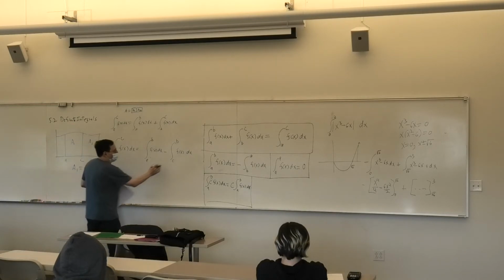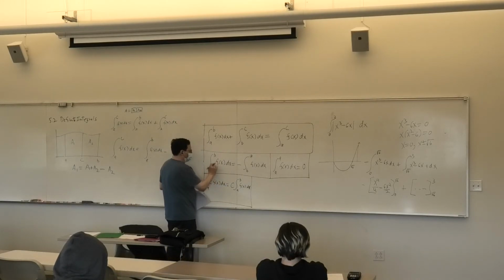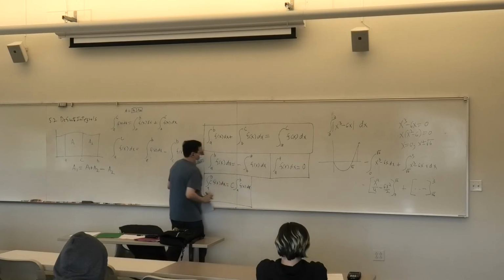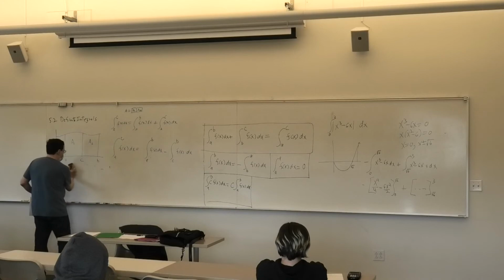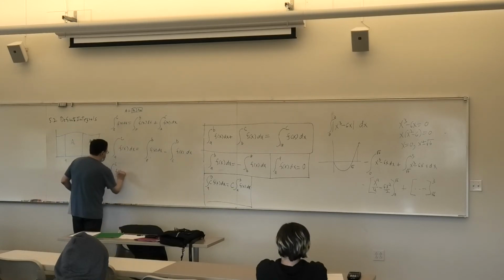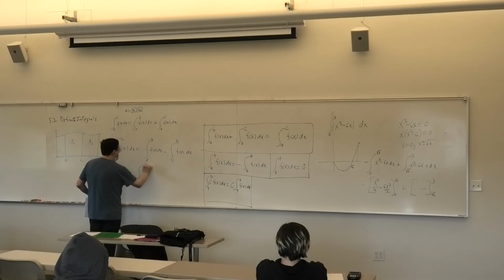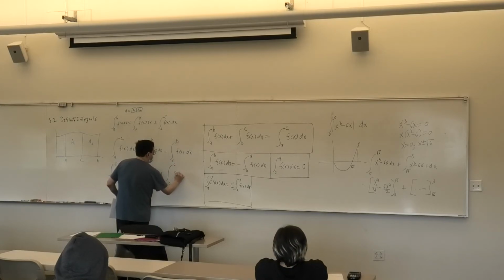So now I'm going to apply this rule, which says you switch these, you just get the negative. So let me do that here. The integral from A to C of f of x dx equals the integral from A to B of f of x dx plus the integral from B to C of f of x dx.